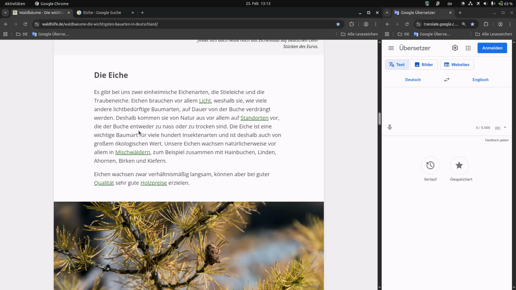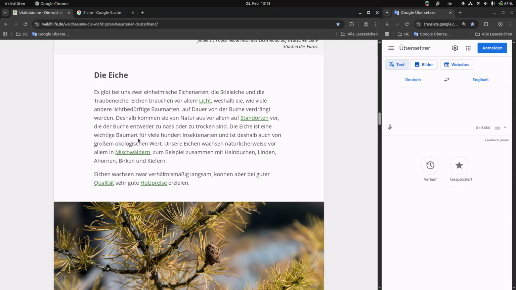So therefore they grow mostly in nature on locations that are either too dry or too wet for the beech.